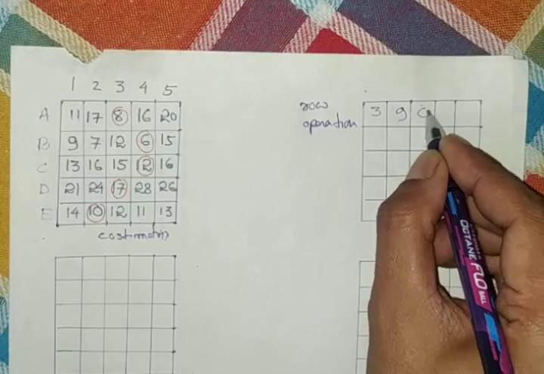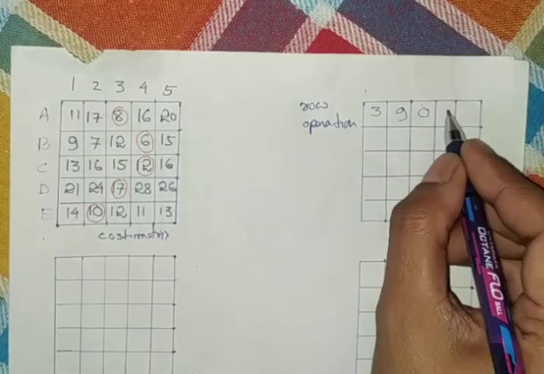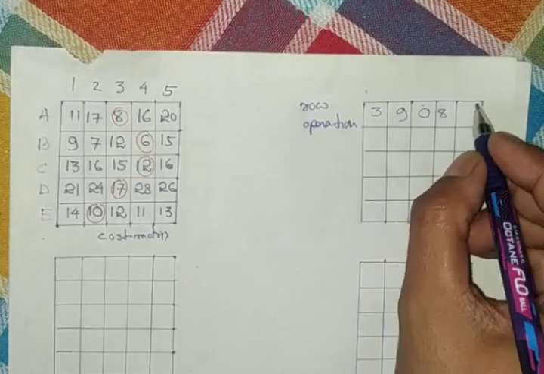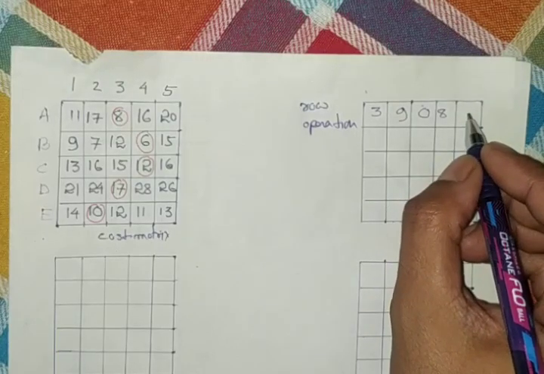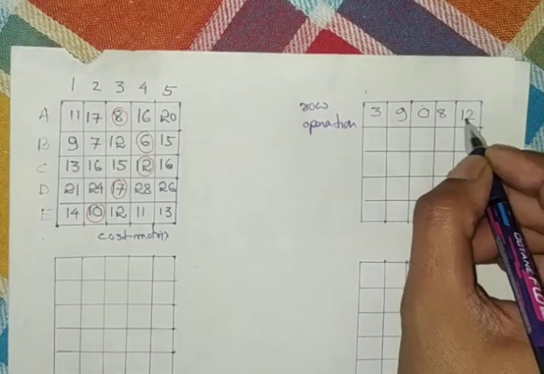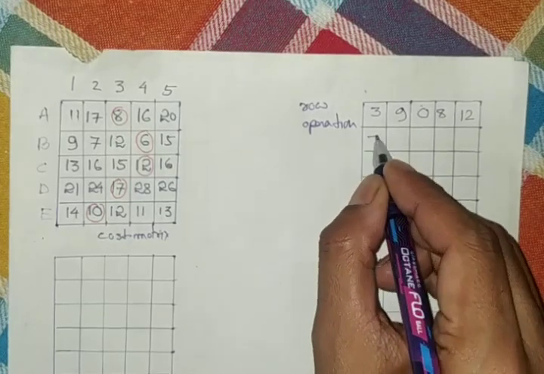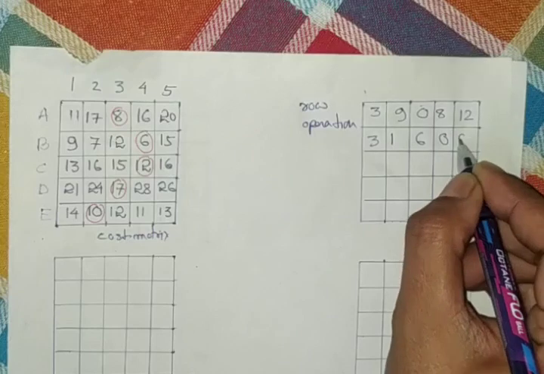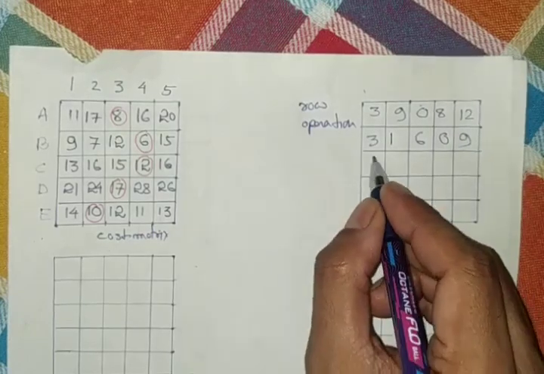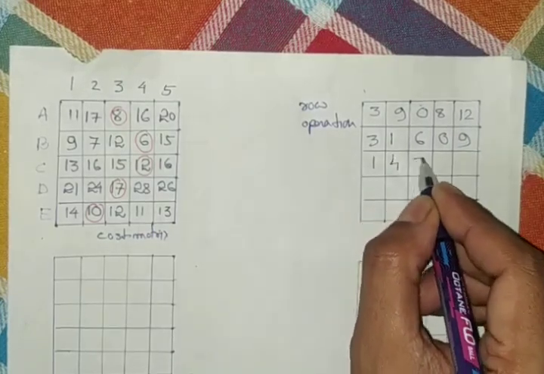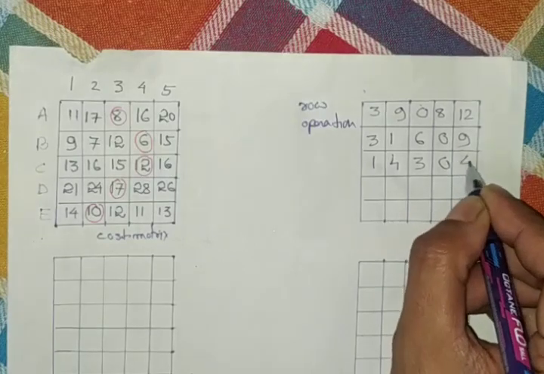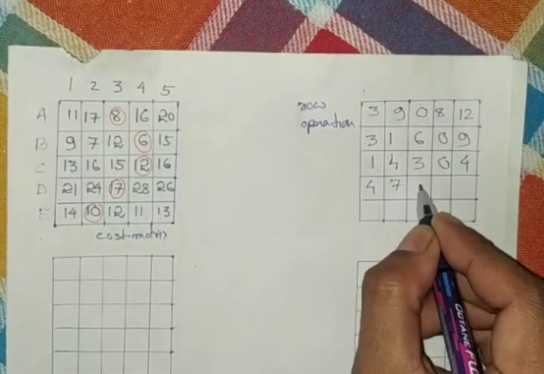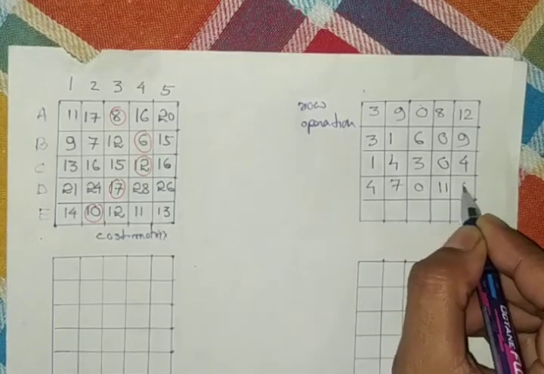Then it will be 0. 16 minus 8 is 8. 20 minus 8 is 12. Similarly, you are getting 3, 1, 6, 0, 9, 1, 4, 3, 0, 4, 4, 7, 0, 11, 9.